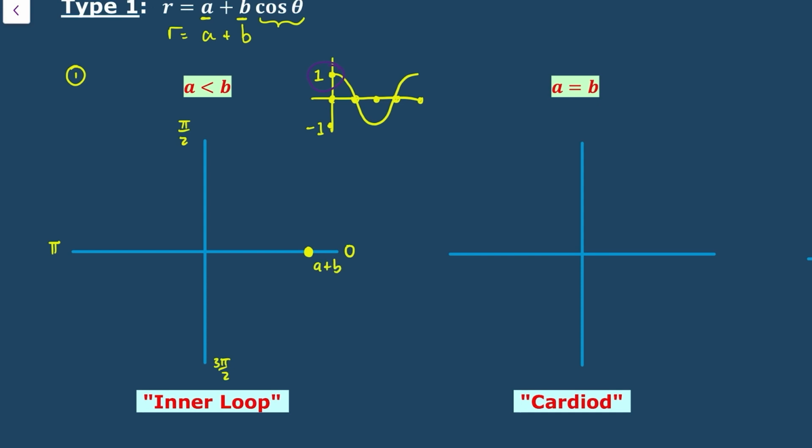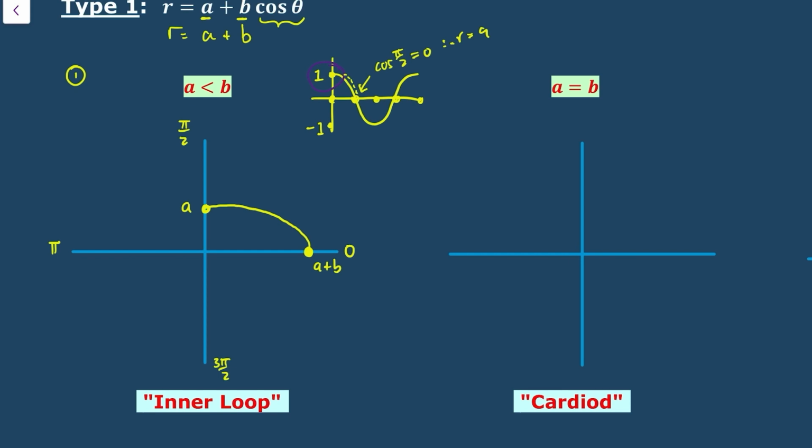And then, as I'm moving towards pi by 2, I know that cos of pi by 2 is 0, so r is just equal to a. So I end up here at a, and my graph starts out like this.